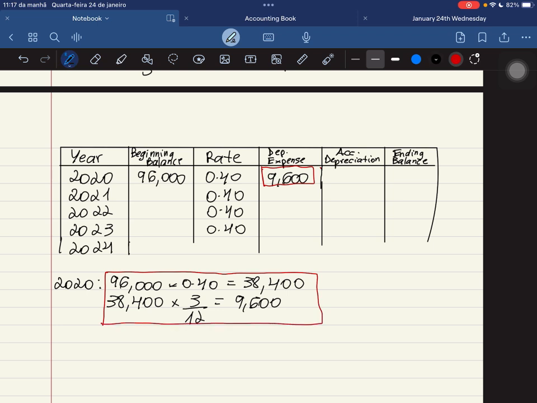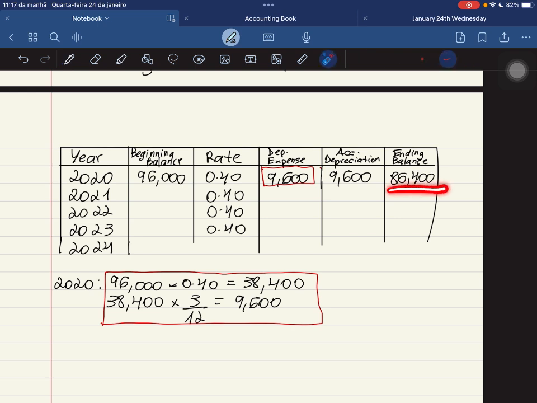Okay. The accumulated depreciation is all the depreciation together added up until this point. In this case, we just have one. Okay, the ending balance is always the beginning balance minus the depreciation expense of that particular year. In this case, since they are the same, it doesn't matter, but in the future, it will matter. You will see why in a minute. That is 86,400.